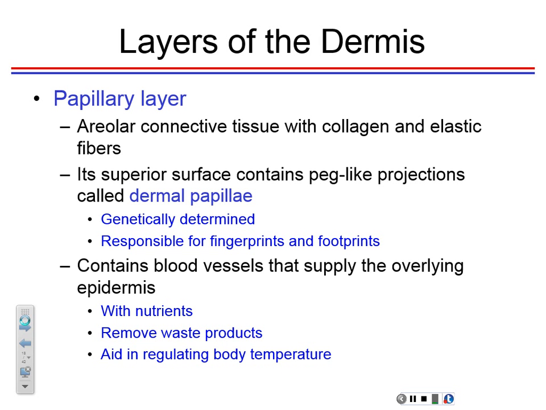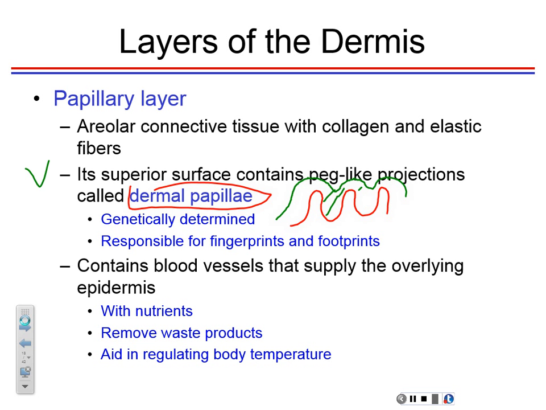Its superior surface contains these peg-like projections called dermal papillae. So it goes like this, like that, and the epidermis kind of follows it, and these ridges are what form the fingerprints. That's what's responsible for the fingerprints, and they happen to be unique for each individual.